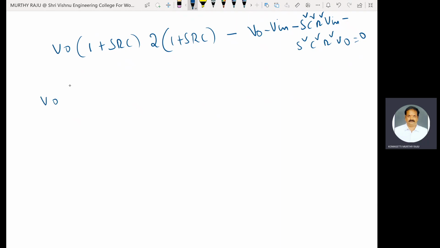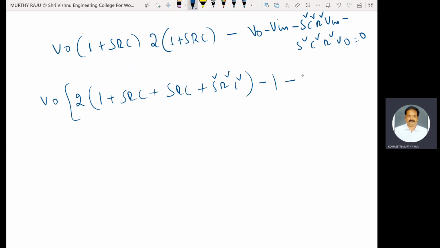Here V naught into, multiplying these two, 2 into 1 plus SRC plus SRC plus S square R square C square minus 1. Another V naught term is minus S square C square R square. V naught is completed.